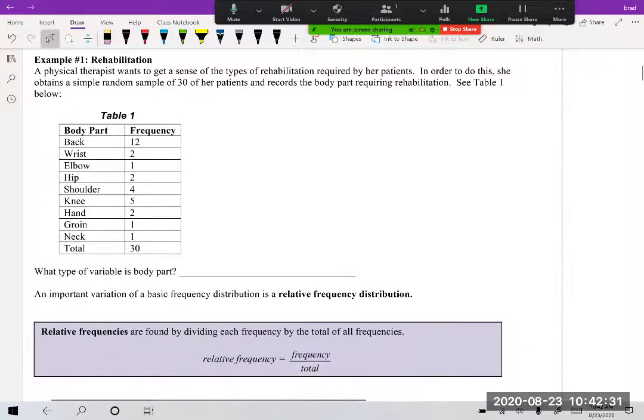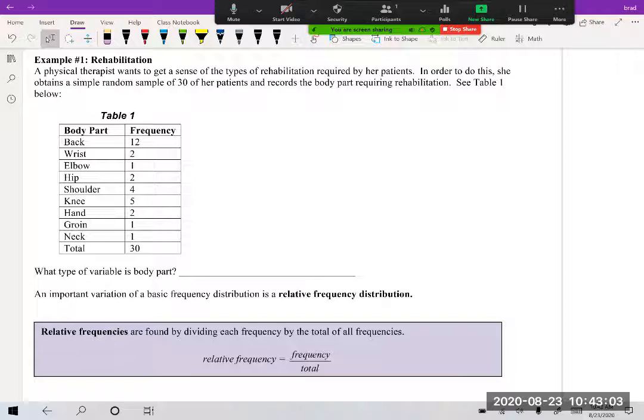Okay, so this example one says, a physical therapist wants to get a sense of the type of rehabilitation required by her patients. In order to do this, she obtains a simple random sample of 30 of her patient records and records the body parts requiring rehabilitation. See table 1 below. You can imagine if you were a small practice and you weren't part of some big corporation, you'd probably have to do a lot of stuff like this for yourself.